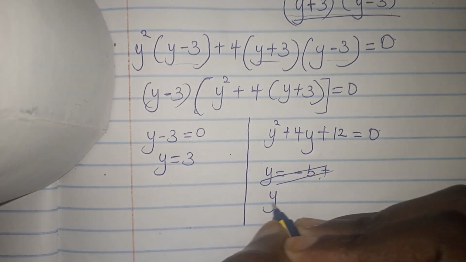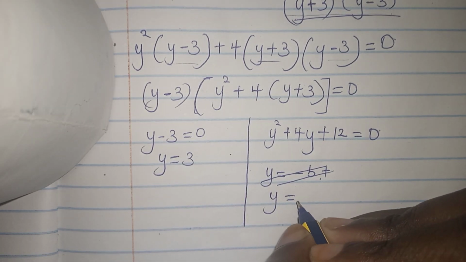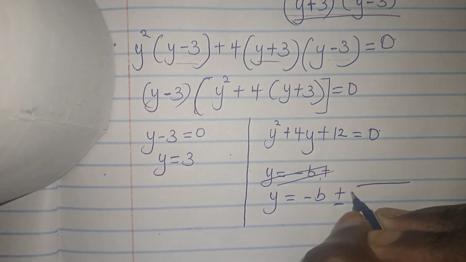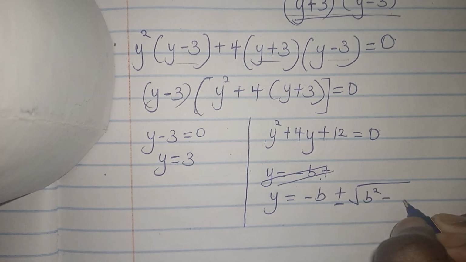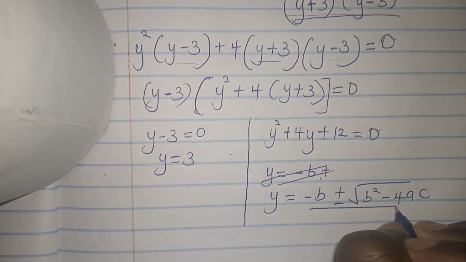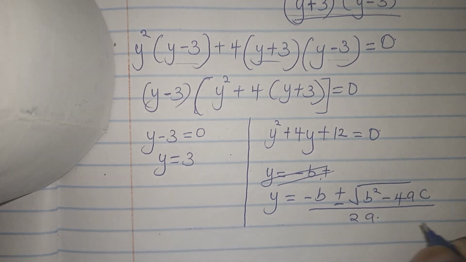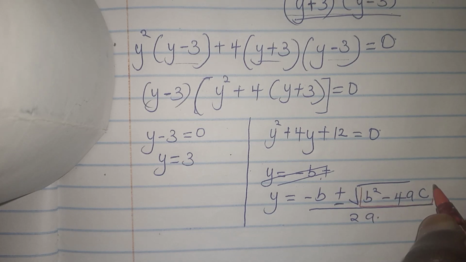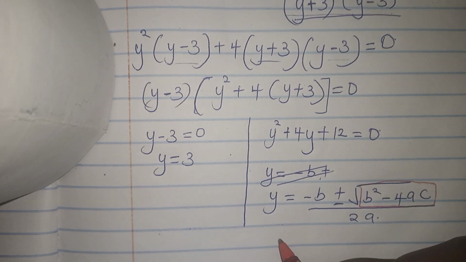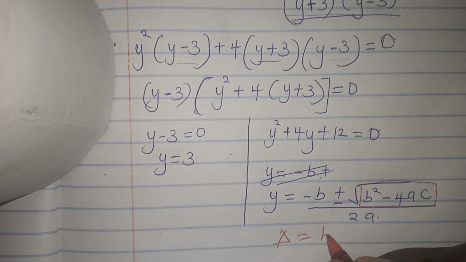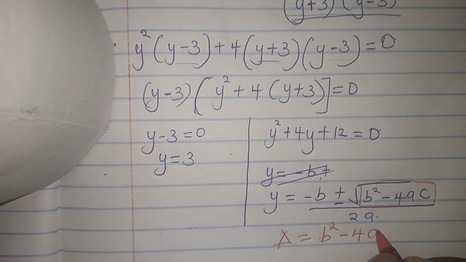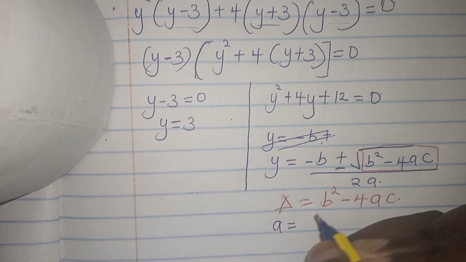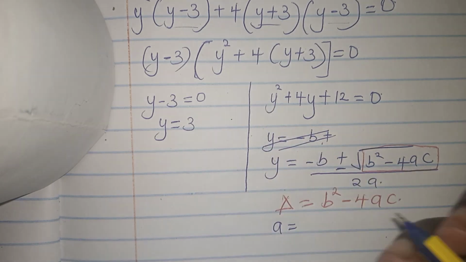So our quadratic formula is y is equal to negative b plus or minus the square root of b squared minus 4ac, all over 2a. So we are going to take this discriminant, b squared minus 4ac. We can say delta is equal to b squared minus 4ac, whereby our a is the coefficient of y squared, which is 1.